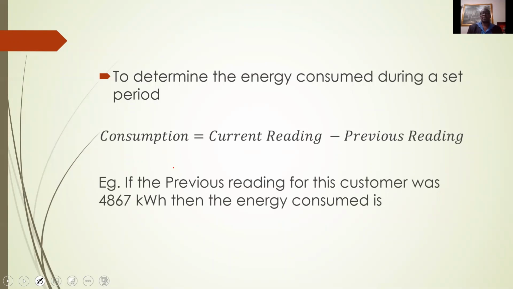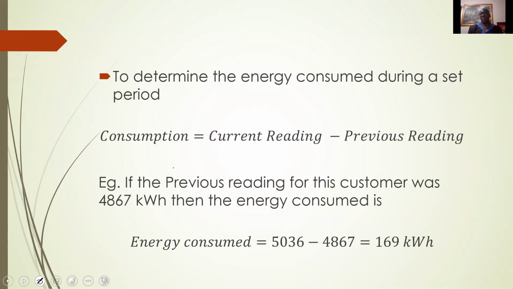So if a customer had a previous reading of 4,867, then the energy consumed would be 5,036 based on the meter we saw earlier, minus the 4,867, which gives us 169 kilowatt hours.